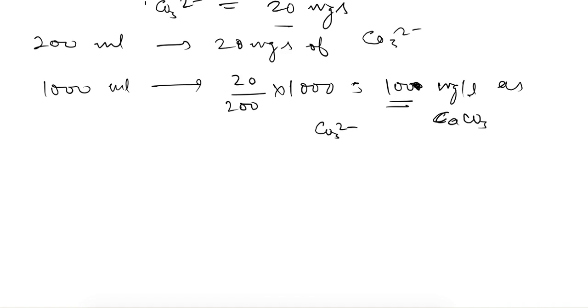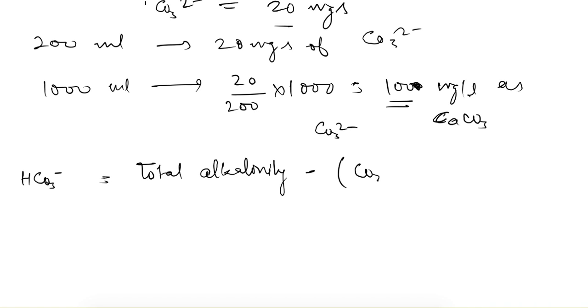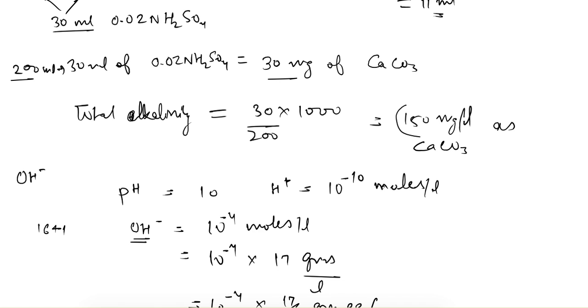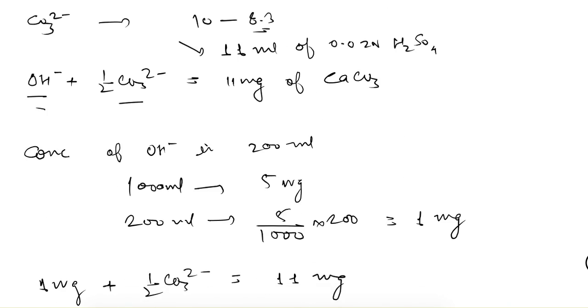Now let's see for bicarbonate ions, that is HCO3 minus. We know the total alkalinity, and we know the other two also, so the bicarbonate is the total alkalinity minus the CO3 2 minus plus OH minus concentration. Total alkalinity was 150 milligram per liter as CaCO3.